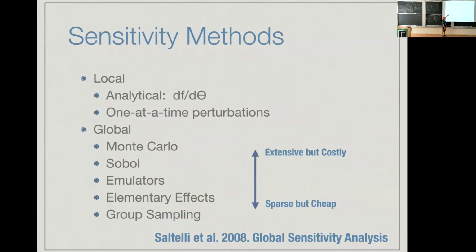But they basically involve a set of trade-offs between approaches that are very clever in how they explore parameter space in order to minimize the number of times you have to run your model, and those that explore parameter space much more extensively, but that comes at the cost of much more compute.